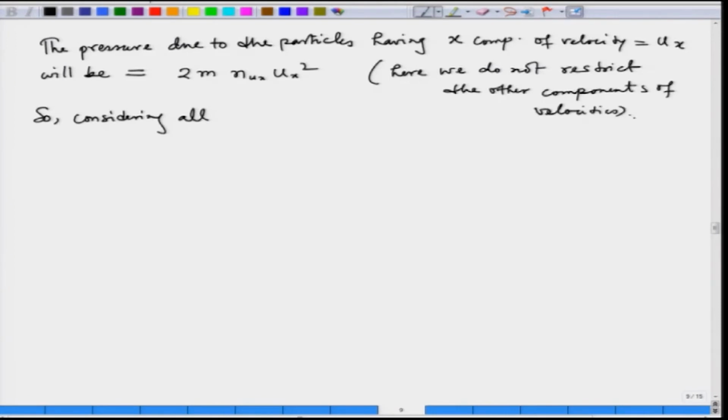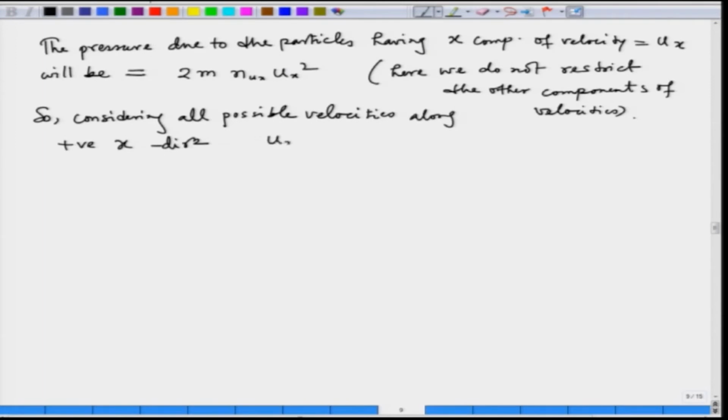So, considering all components, considering all possible velocities along positive x direction, and what is that all possible velocities?